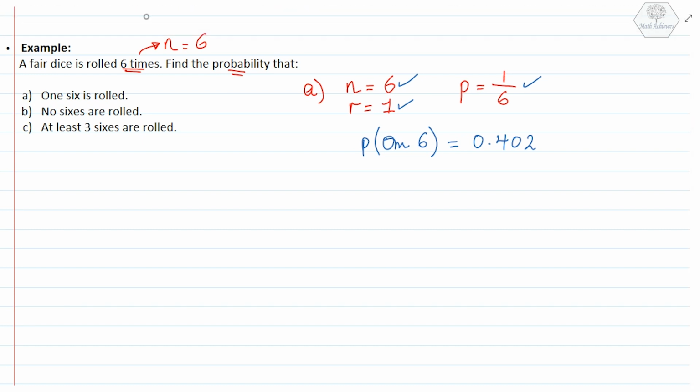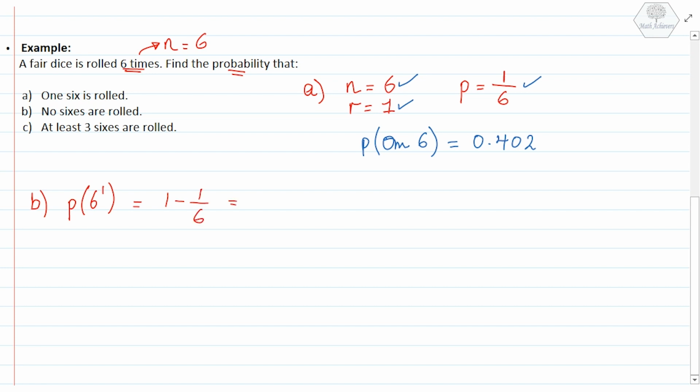Now, for part B, what's the probability no 6s are rolled? No 6s are rolled, it means any other number other than 6. So the probability of not having a 6 equals 1 minus 1/6.